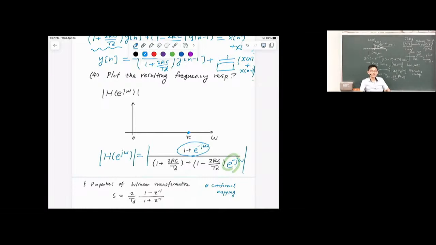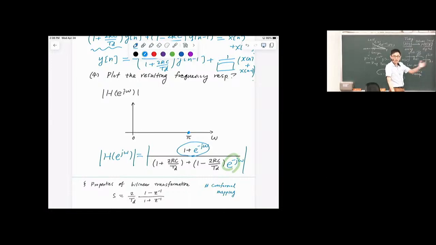Has anybody ever learned the bilinear transformation? Okay, good, that's why you want to come here. So far we have told you operationally how we apply the suggestion.